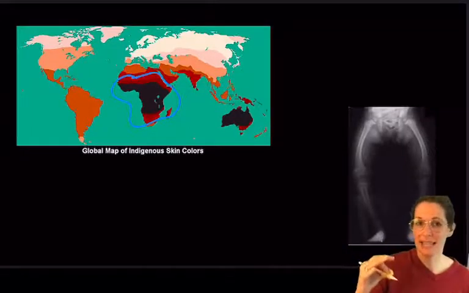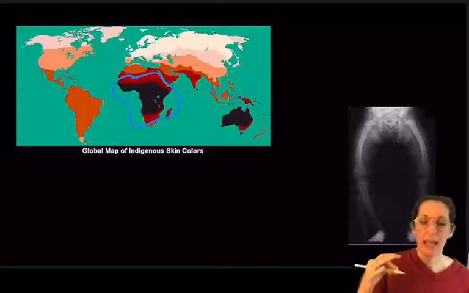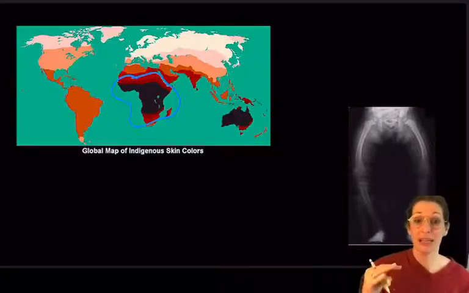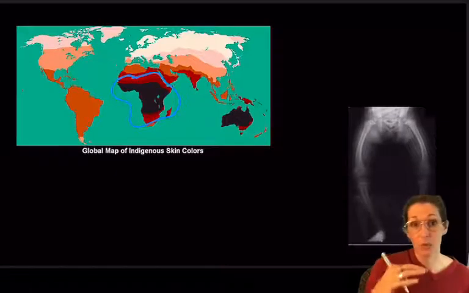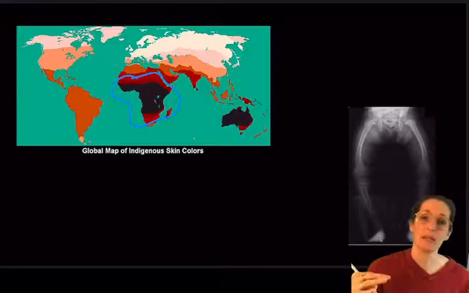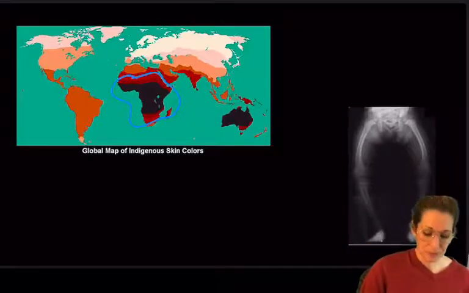There's very intense sunlight, and so this increased melanization of the skin was protective. This darker skin was protective against UV radiation.